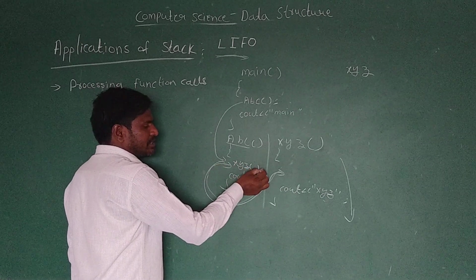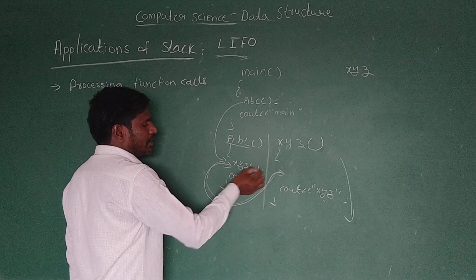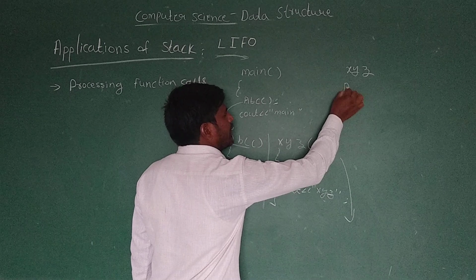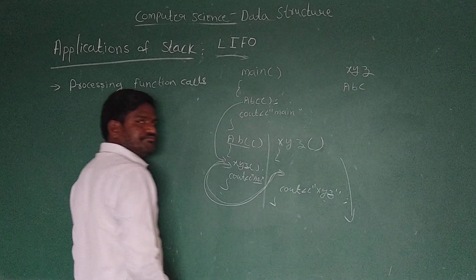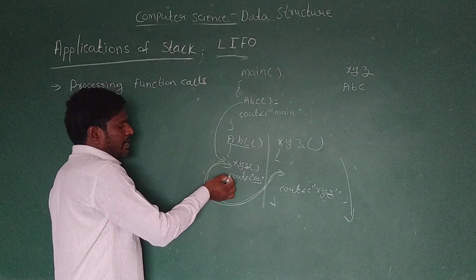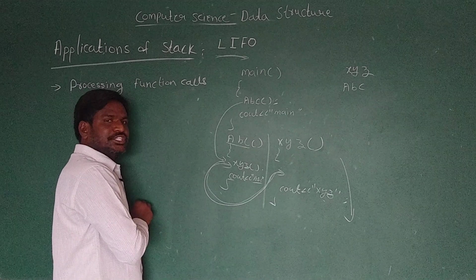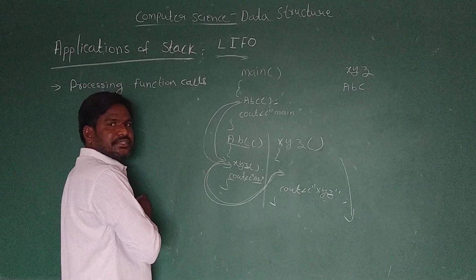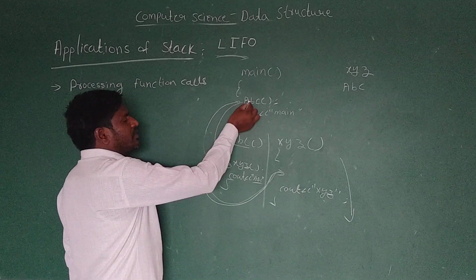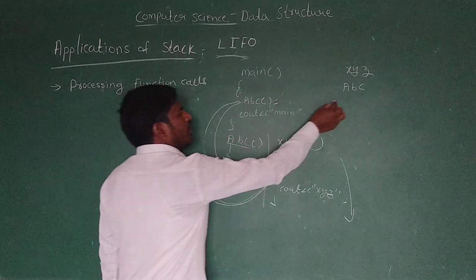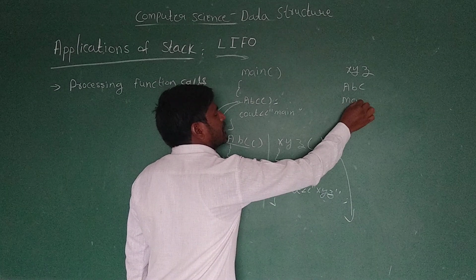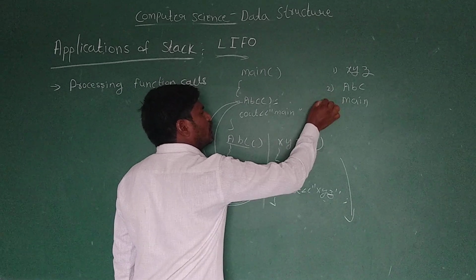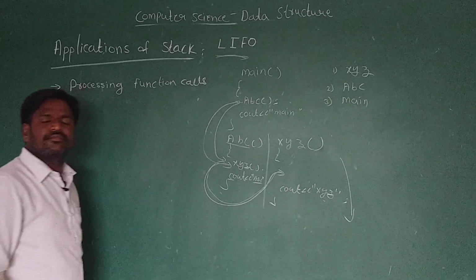After the XYZ function call statement, there is another statement, cout ABC, so it will print ABC. Now the ABC function is totally executed, and the program control goes back to the main function. After the ABC function call, what is the statement there? Main. Here this is the first output, this is the second output, this is the third output.